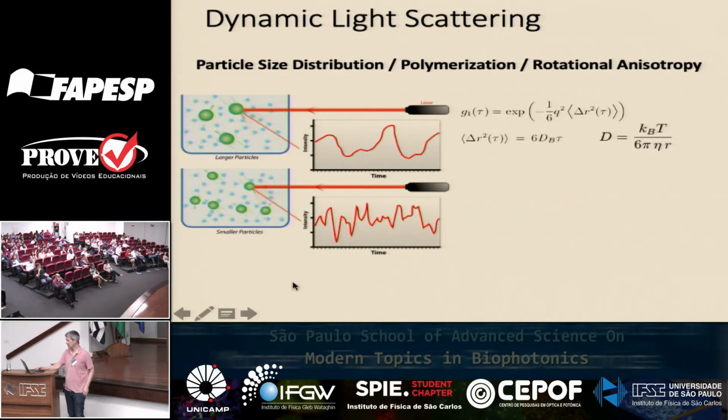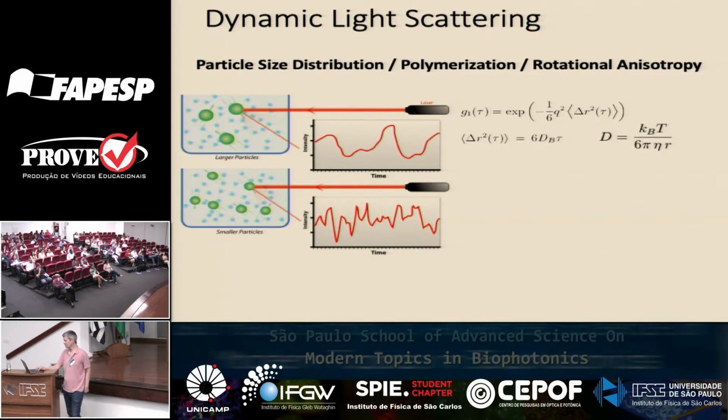And very early on, in the 70s, shortly after the invention of the laser, this was being used for particle size distributions. People had chemical reactions and particles in suspension, and they wanted to answer a simple question: what is the size distribution of the scattering particles?